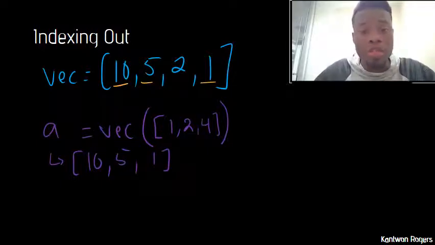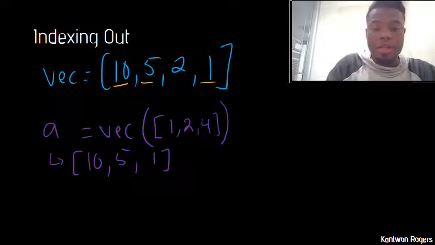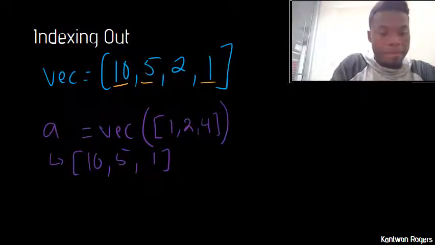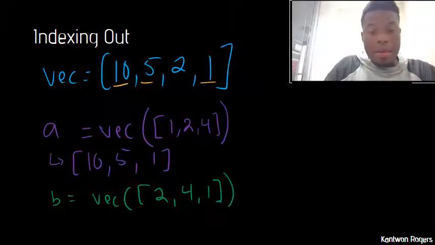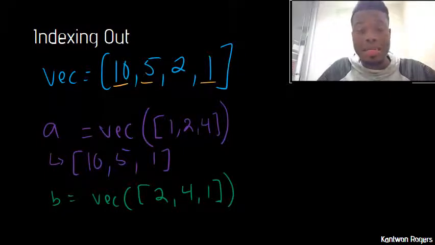And so it's important to note here that the order matters. If I were to do something like, let's say b is equal to vec, and instead of 1, 2, and 4, let's say I said 2, 4, and 1, MATLAB is going to go in the order of the indices that I provided.